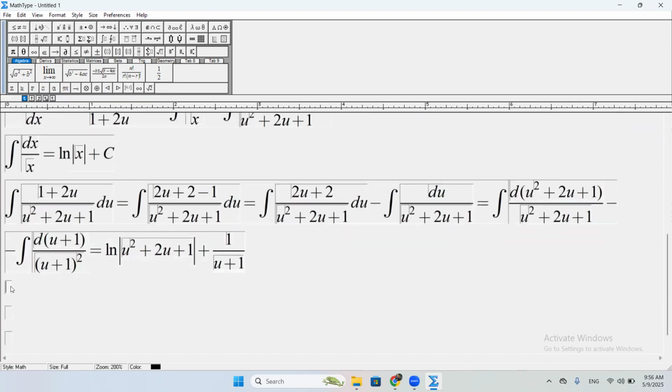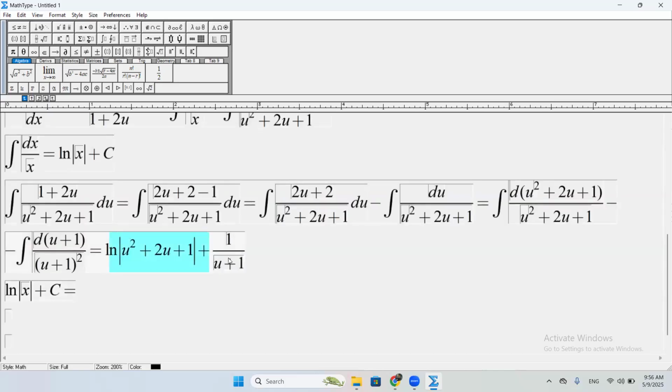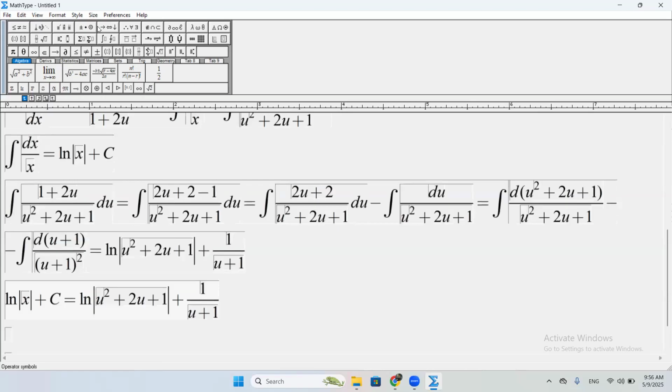And now let's write down the solution. So logarithm of x plus c equals this expression. And also don't forget to substitute, so to return to the old variables.